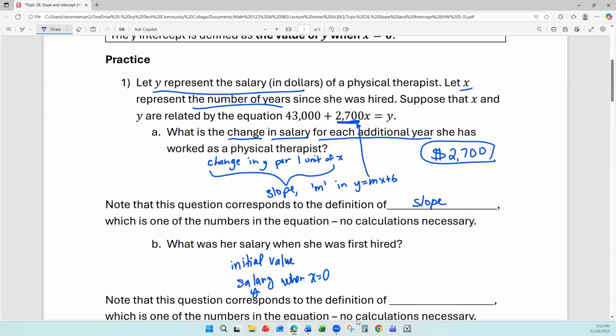When she was hired, that's 0 years since she was hired. So the value of y when x equals 0, the initial value, that's going to be the b in y equals mx plus b. And so in this case, that is the 43,000.